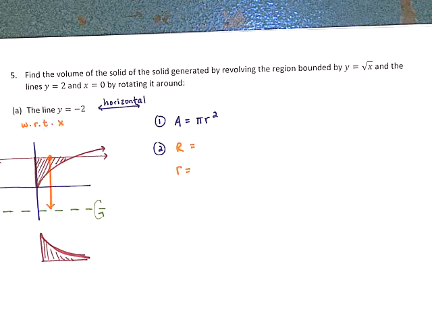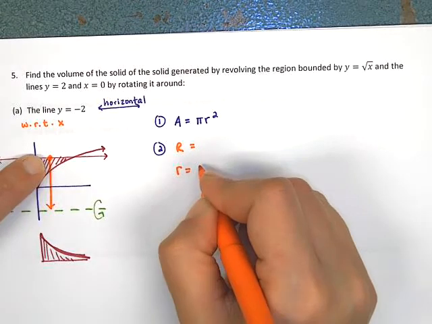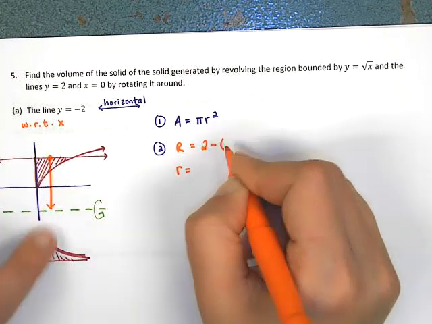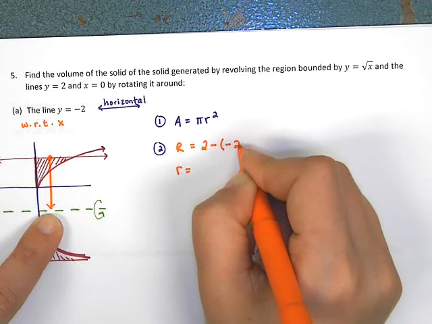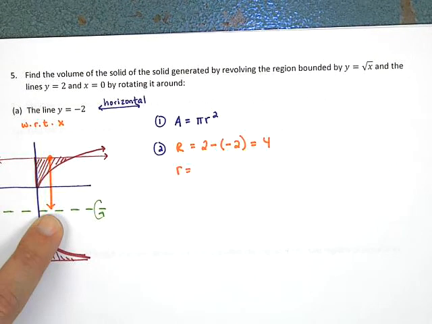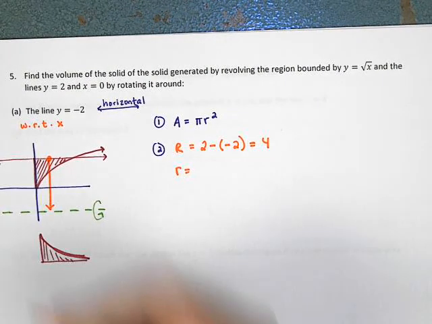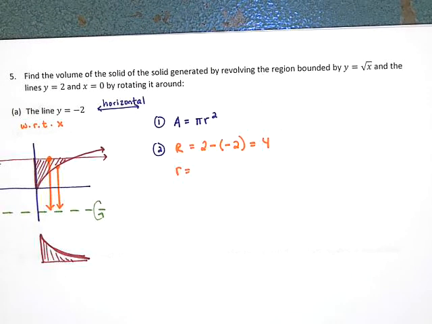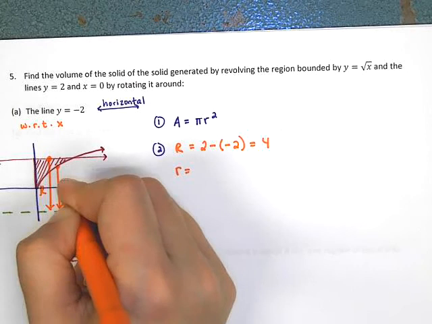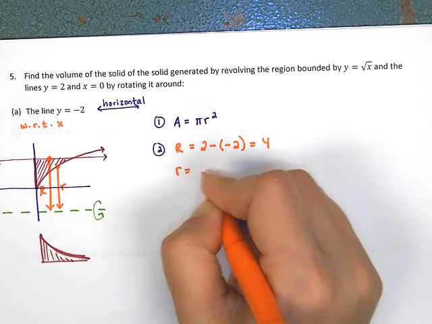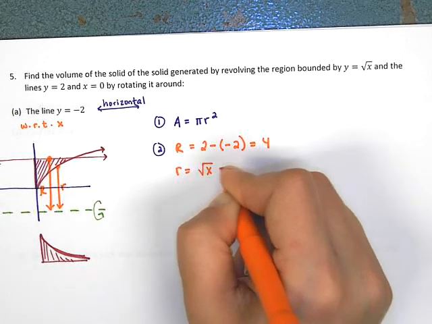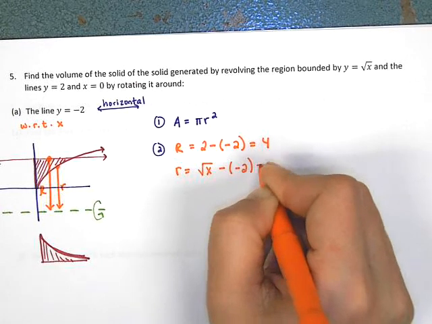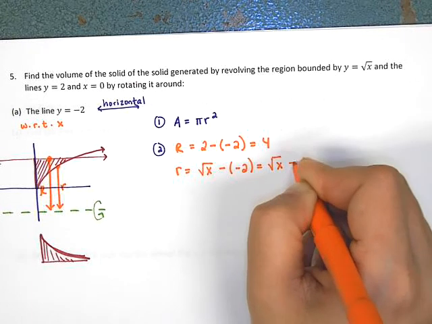So that radius would be 2 minus this line, negative 2, top minus bottom, so 4. Little r would be the inner edge to the line around which you are revolving. So little r would be the square root of x minus negative 2, which would be the square root of x plus 2.